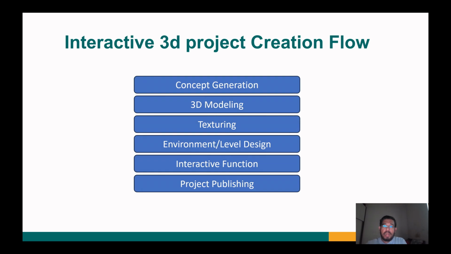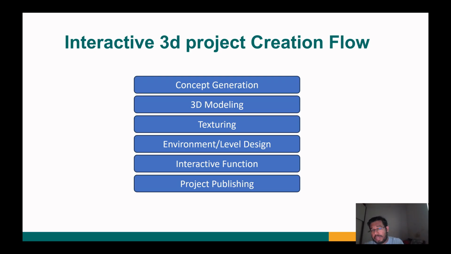Then the interactive 3D project creation flow. So what is the basic creation flow? Okay, it starts with concept generation. It's the basic part. Whatever project you're going to do, you have to generate your concept first.